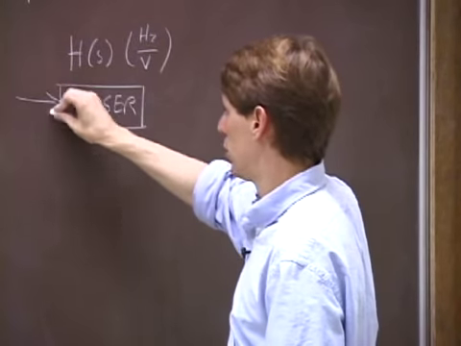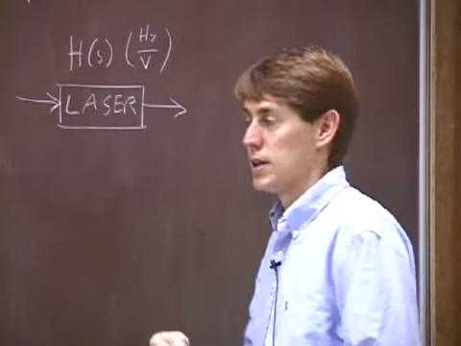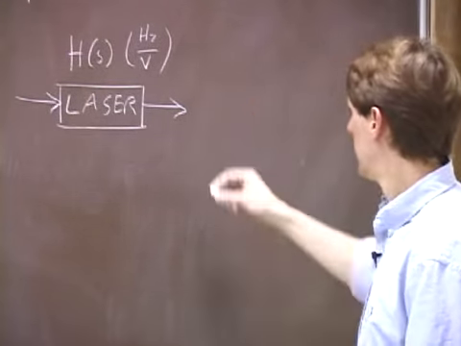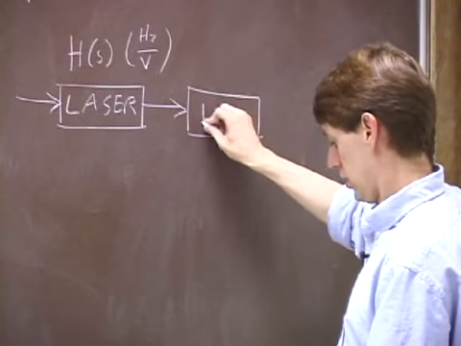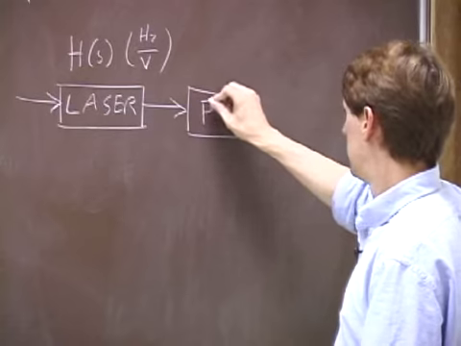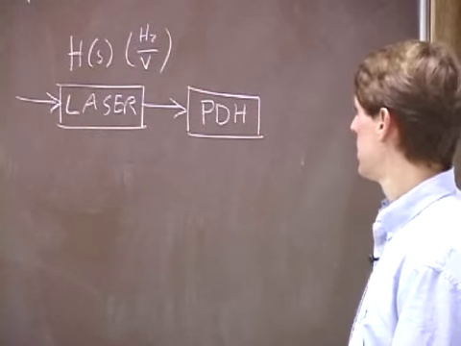That is, you put a voltage in and you get some frequency of the laser light out. And then we have another block, which we'll call the Pound-Drever-Hall block, the sensing method.